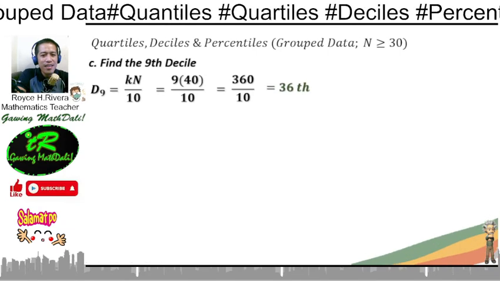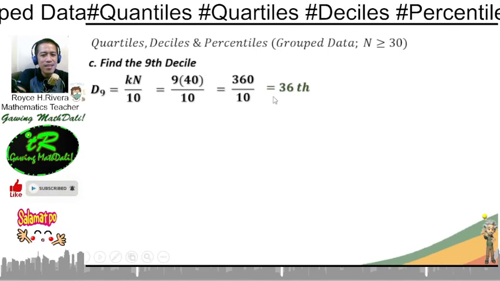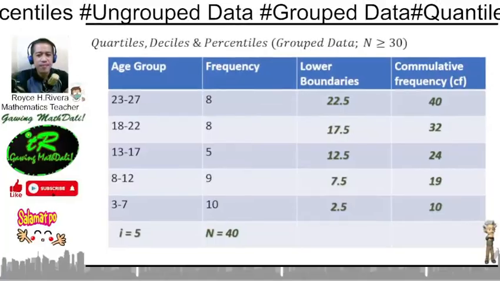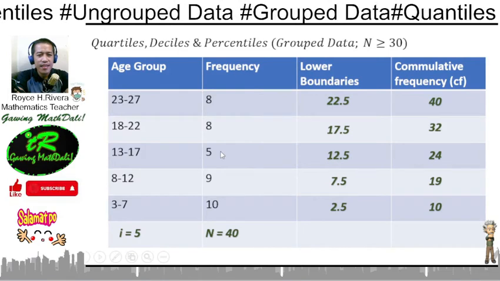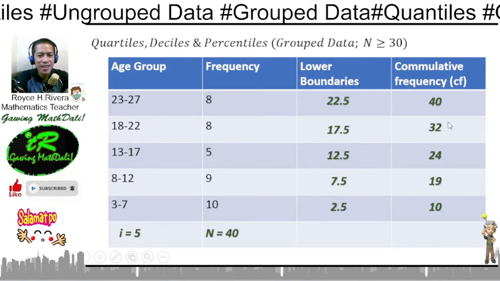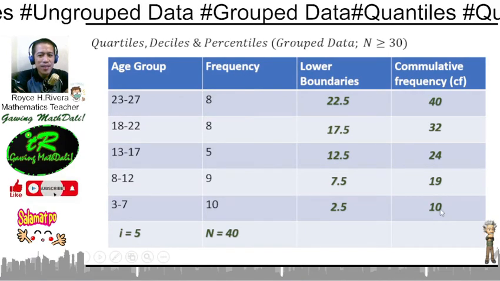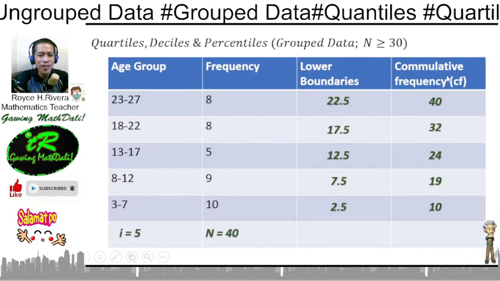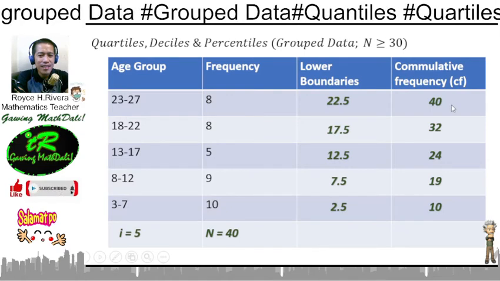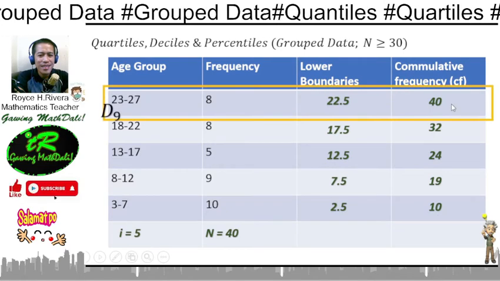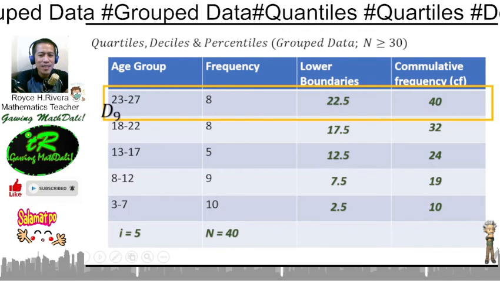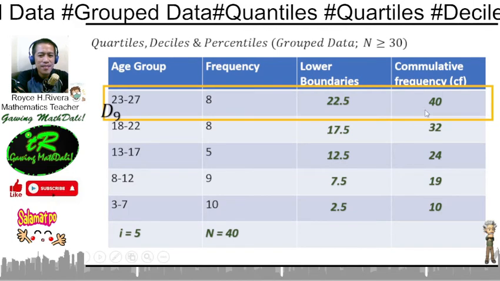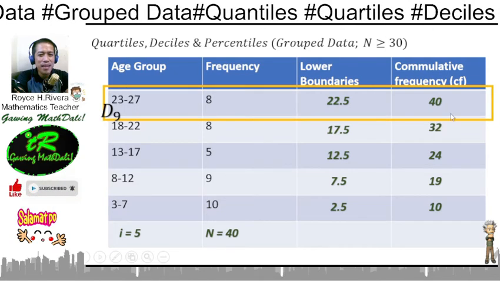And that is equal to the 36th data. Balikan natin ang table. Katulad ng ginawa kanina, we will look for the 36 data from the cumulative frequency column. At nandito yon. The group or class with cumulative frequency 40. Then we repeat the process.